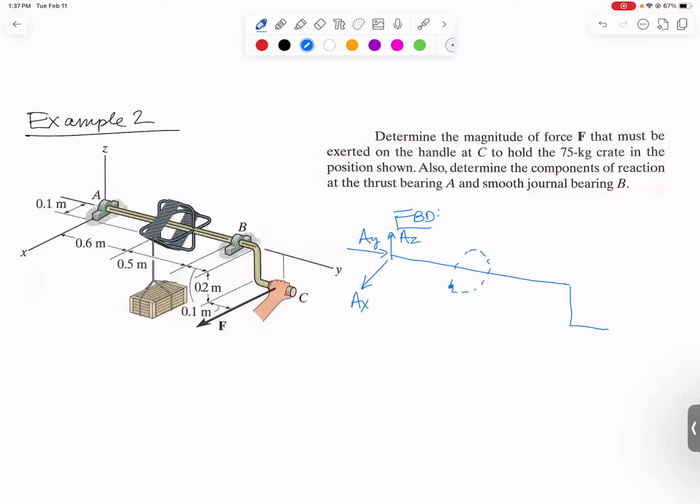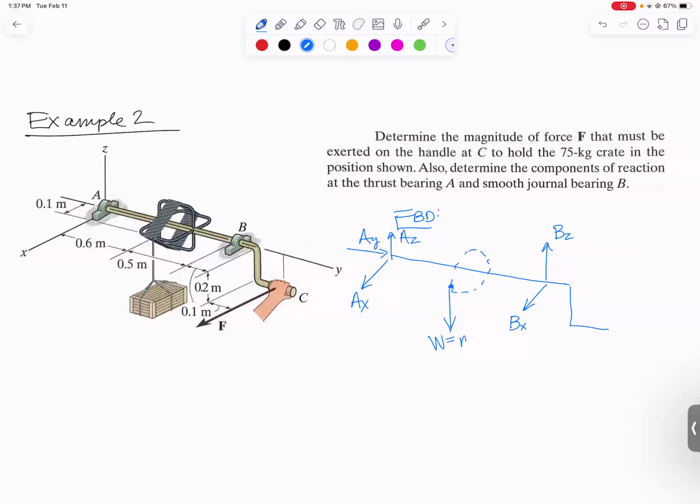Then B was a journal bearing, which means there will be no reaction force along the axis because it's free to slide along that axis, but there will be reaction forces in the other 2 directions, which for this problem happens to be the X direction and the Z direction because the axis is lined up with the Y axis. Those are all of my reaction forces. And then I also need to put on here the weight of my crate.